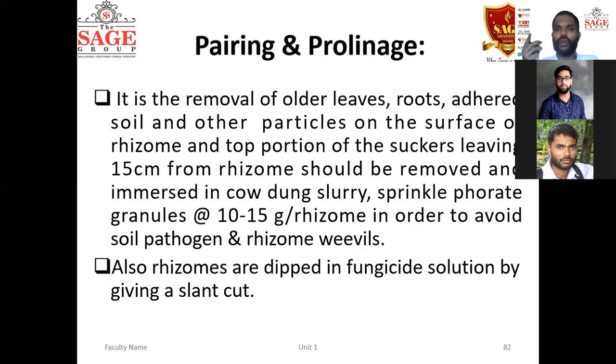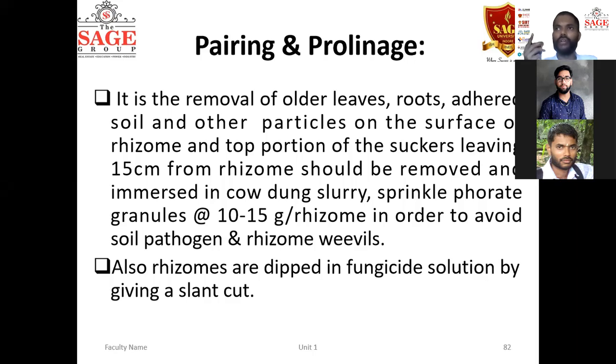It is nothing but the removal of older leaves, roots, adhering soil or other particles on the surface of rhizome and top portion of the suckers, or pseudostem, leaving 15 centimeter from the rhizome.